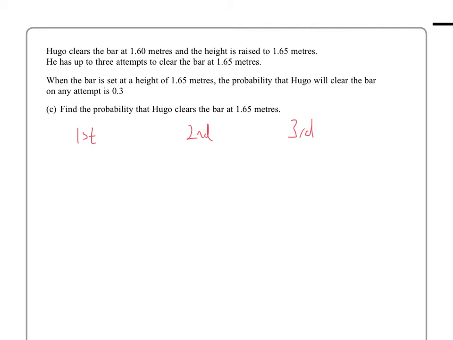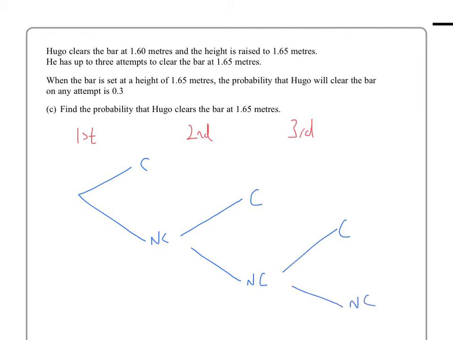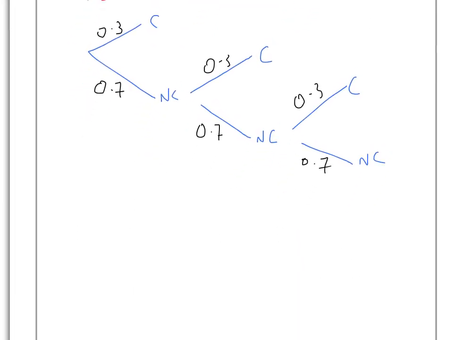It's going to be clear, not clear, and again if he doesn't clear it he gets another chance to clear it, or not clear it, and then he gets a third chance to clear it or not clear it. And what we're told is that the probability of clearing in any attempt is 0.3, therefore of not clearing 0.7. So 0.3, 0.7, 0.3, 0.7, and again 0.3, 0.7.